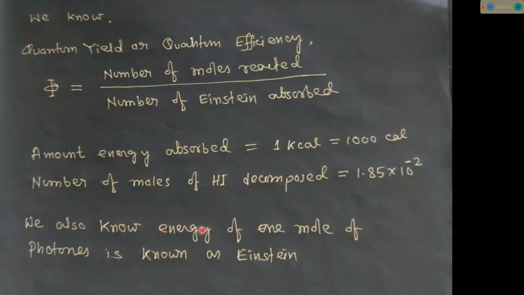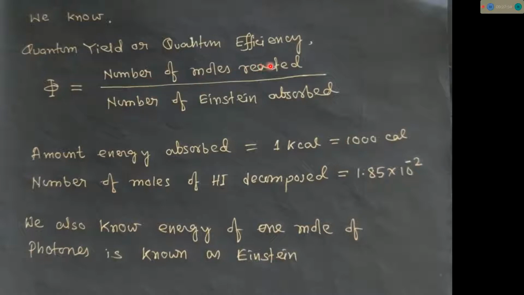We also know the energy of 1 mole of photons is known as Einstein. But here the number of Einstein is needed, not the number of photons. 1 mole of photons is known as Einstein, but in the expression we have to find the number of Einstein.